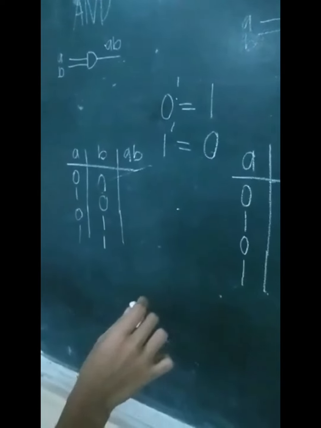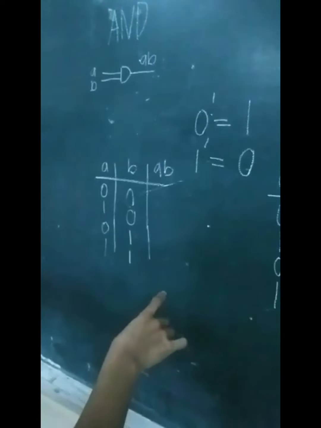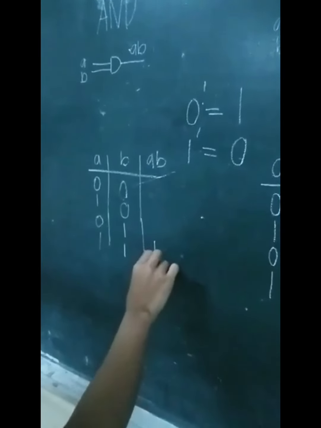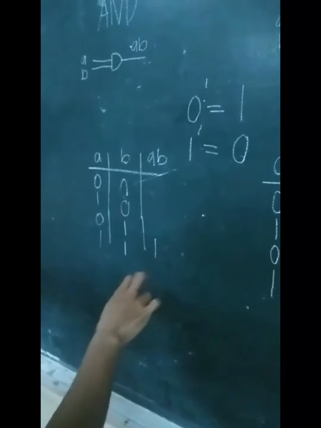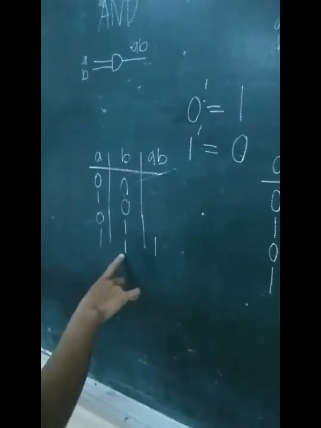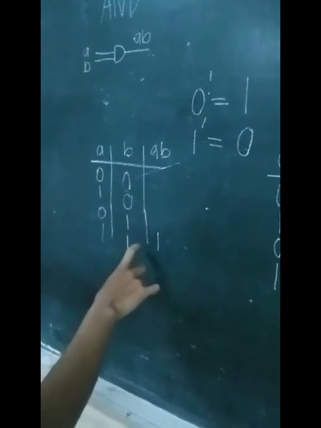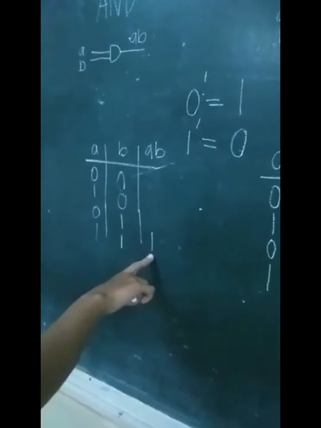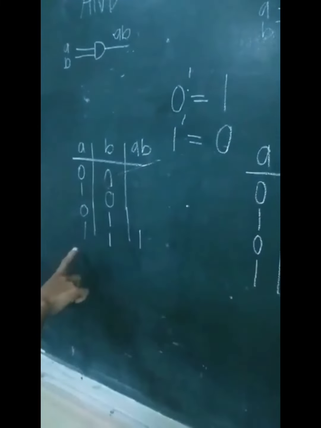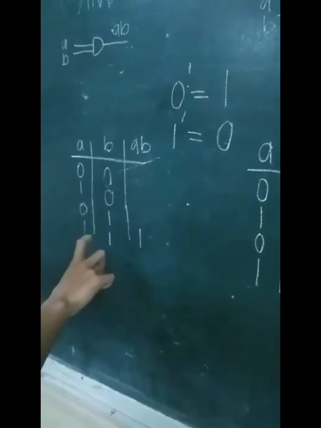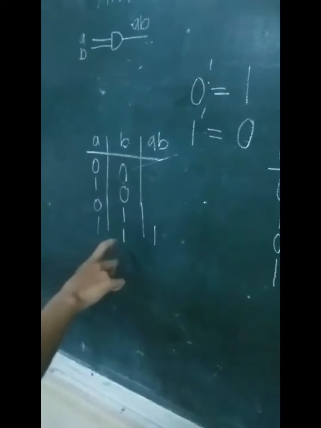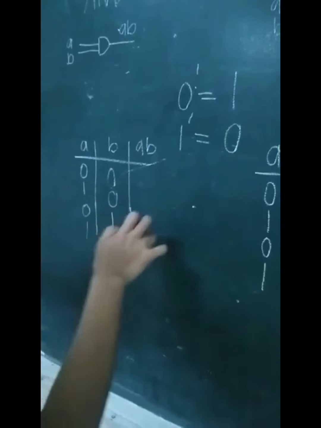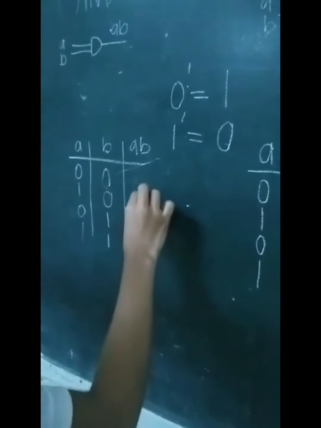So, as we recall, the only way to get a 1 in the AND gate is if input A and input B are 1, then the output is 1. And ito, lahat na to is 0.